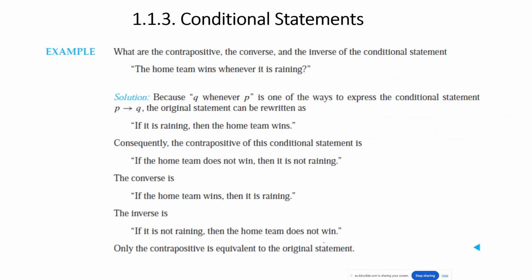Some examples. What are the contrapositive, the converse, and the inverse of the conditional statement: the home team wins whenever it is raining. The part after whenever, it is raining, is the hypothesis, and the home team wins is the result.